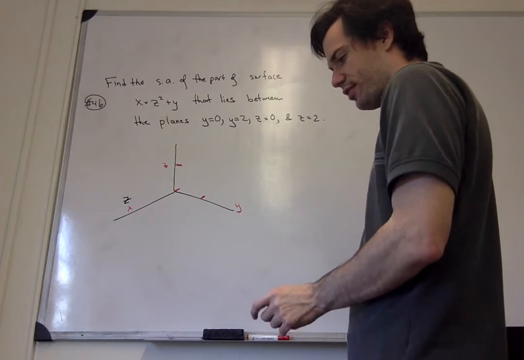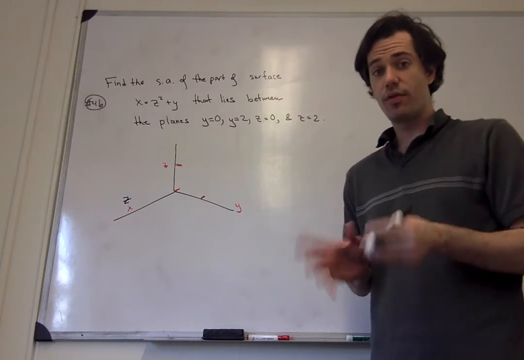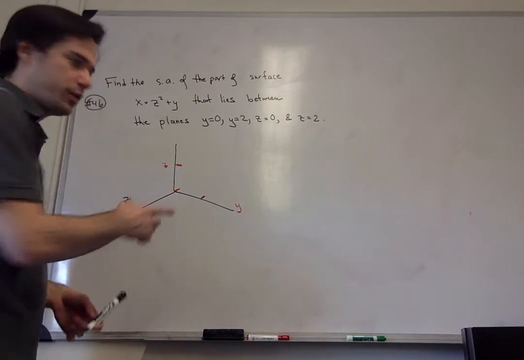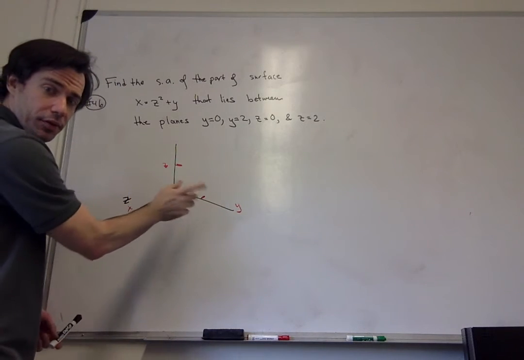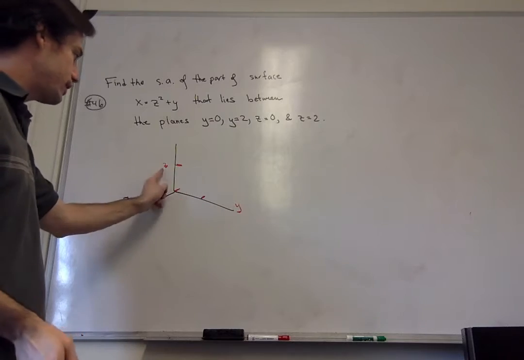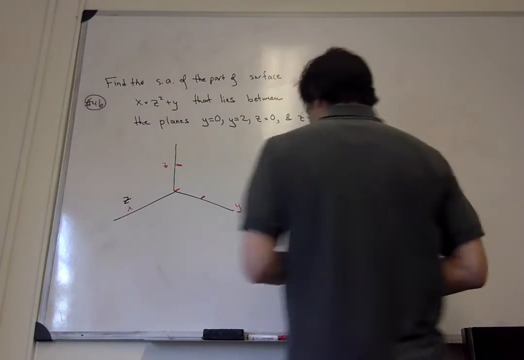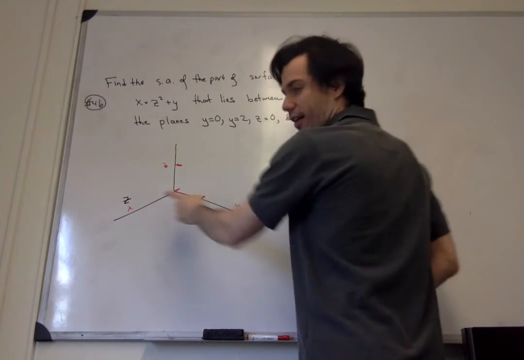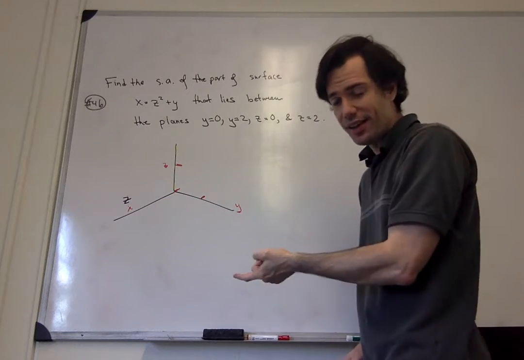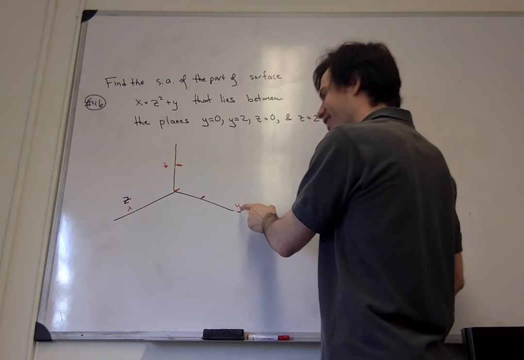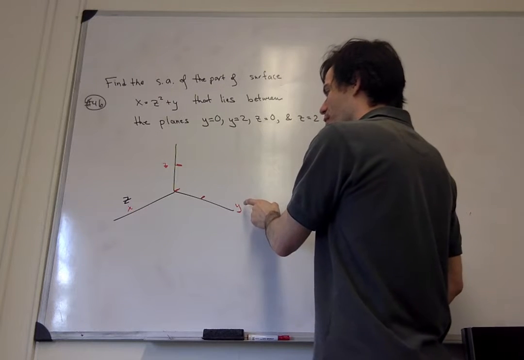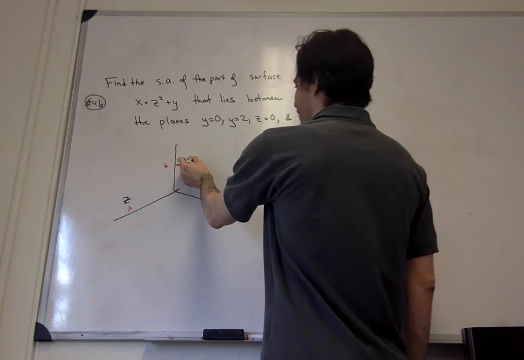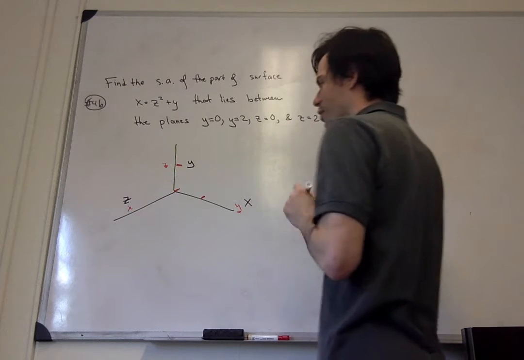But here's the deal. I need to preserve the right-hand coordinate system. You remember at the very beginning, the right-hand coordinate system is the one that follows the right-hand rule. So you go from x to y to z, and what comes after z is x. So if x becomes z, then y has to become x, and z becomes y.